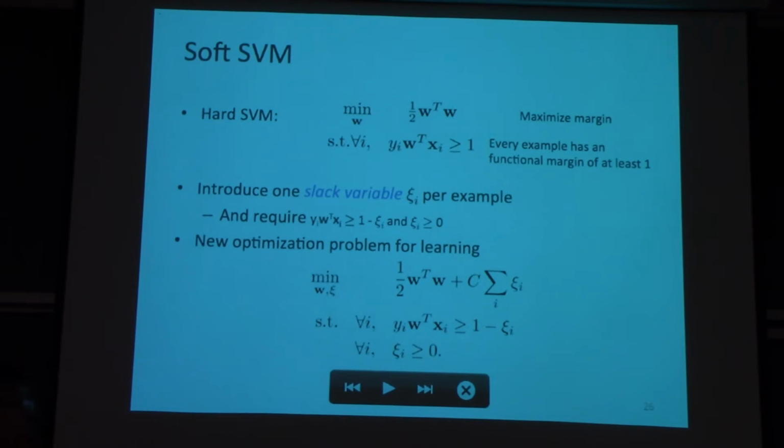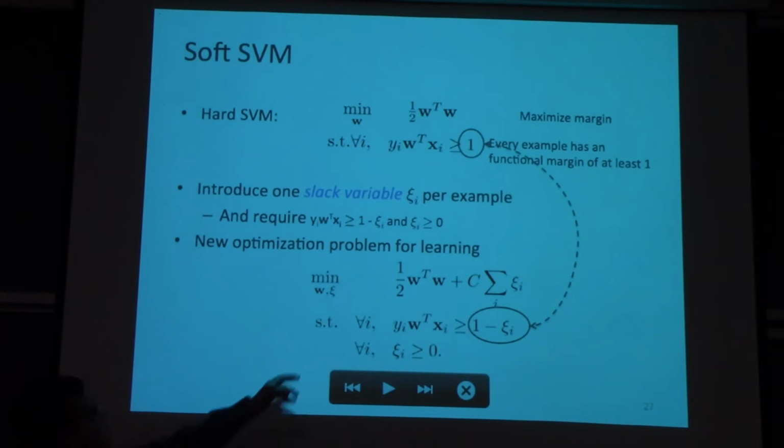Okay, so this is the formulation for soft SVM. The difference from the hard SVM is we allow this Xi here. So we have a weaker requirement. We allow it to break into the margin.